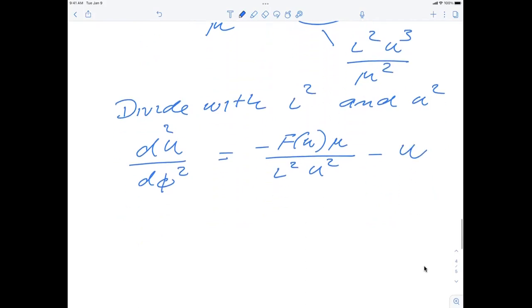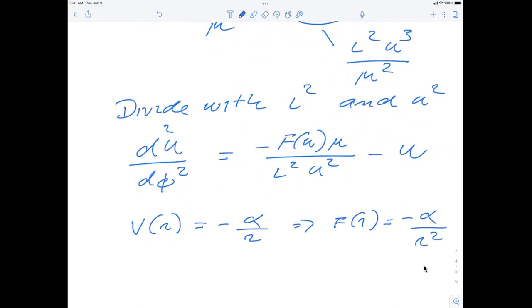So this is a new equation and it doesn't look as if we have gained much, right? But now comes the potential, which we are going to plug in. So we have V of r, which is equal to minus alpha divided by r. This means that our force, F of r, is given by minus alpha divided by r squared, which is the same as minus alpha multiplied with u squared.